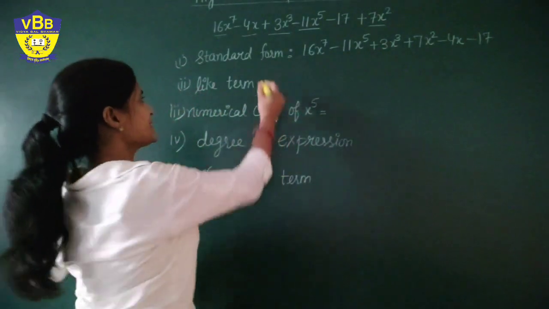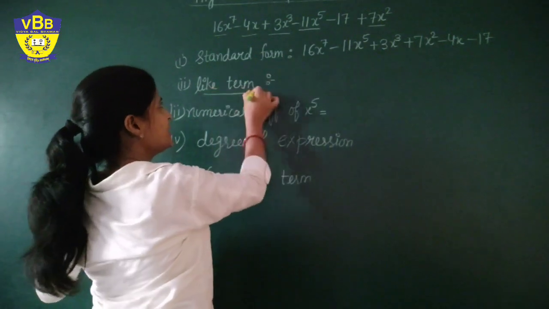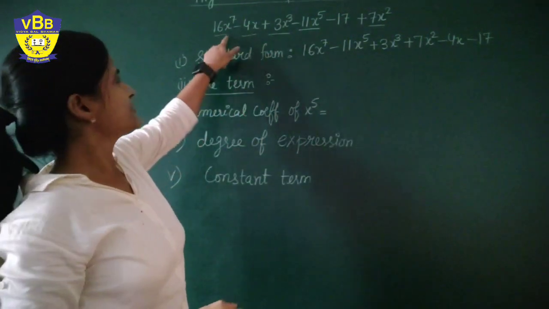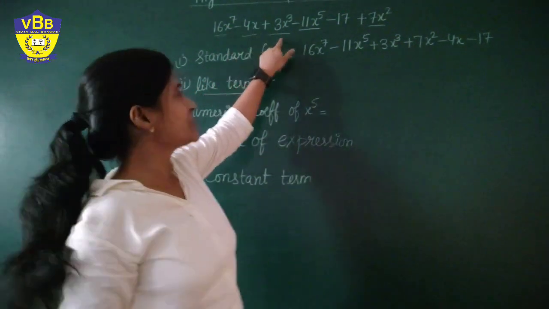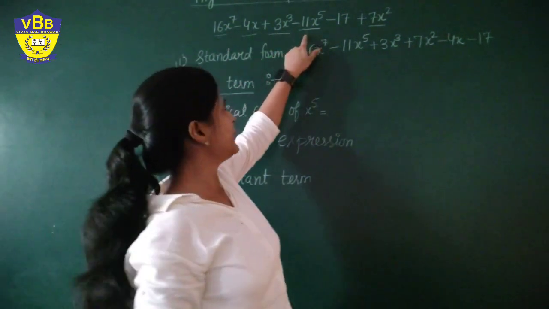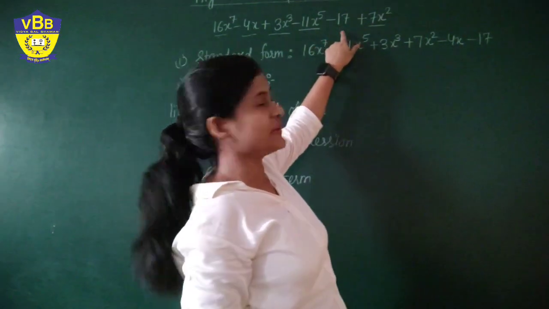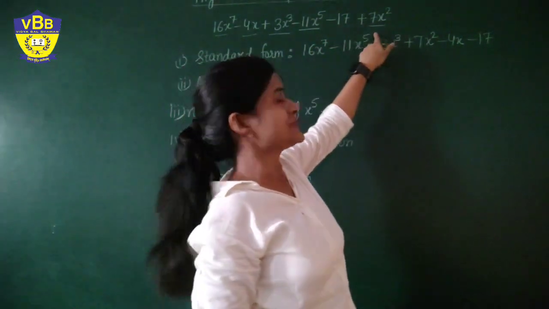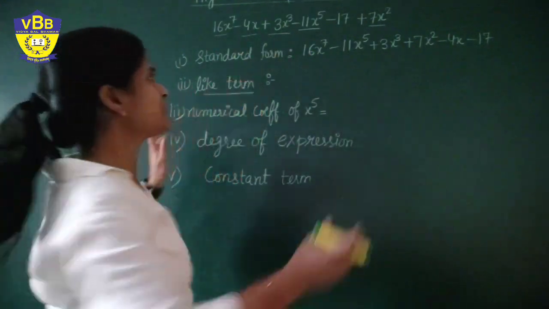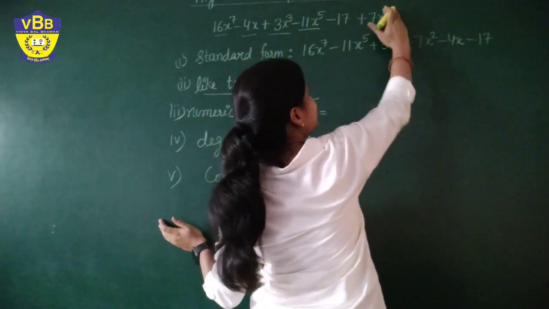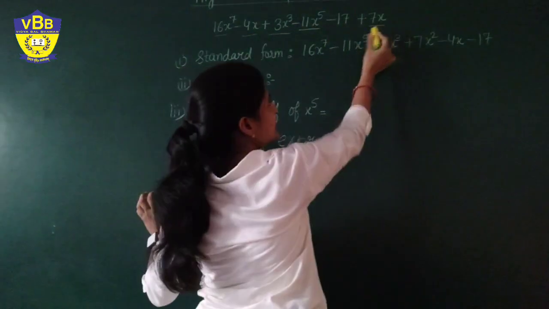Okay. Now what is a like term? Any term is a like term candidate. 16x^7 is a term, 4x is a term, 3x^3 is another term, 11x^5 is a term, minus 17 is a term, 7x^2 is a term. Are any of the terms the same? If I write 7x, then these two terms are the same kind of term.